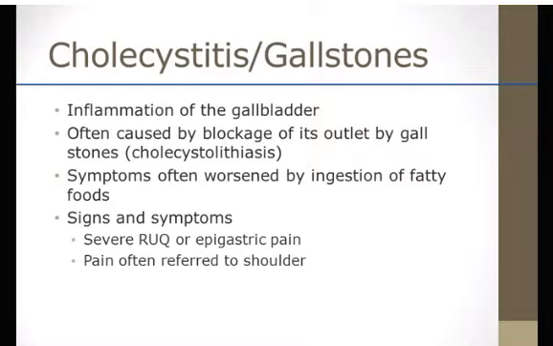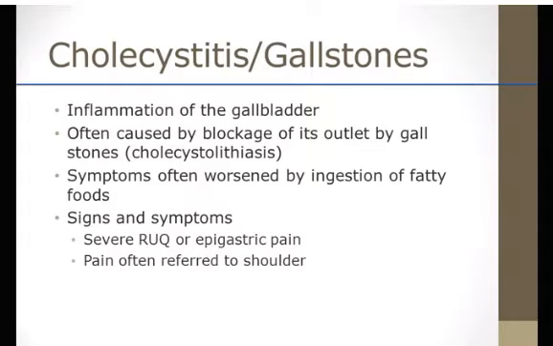So cholecystitis, or gallstones as we normally call them, is an inflammation in the gallbladder. And your gallstones are actually an accumulation of little minerals and things that your body has collected in the gallbladder. And if those stones get stuck in one of the ducts of the gallbladder, it can cause a great amount of pain.